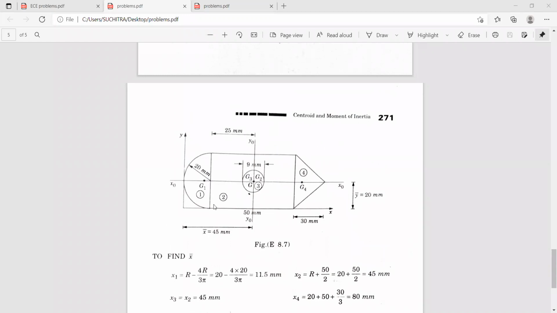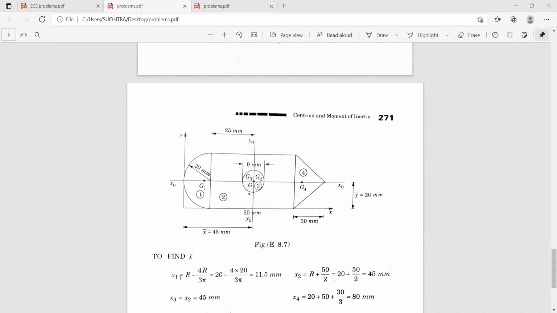That is, x bar is equal to a1 x1 plus a2 x2 minus a3 x3 plus a4 x4 divided by a1 plus a2 minus a3 plus a4. Got it? Because you need to deduct this.